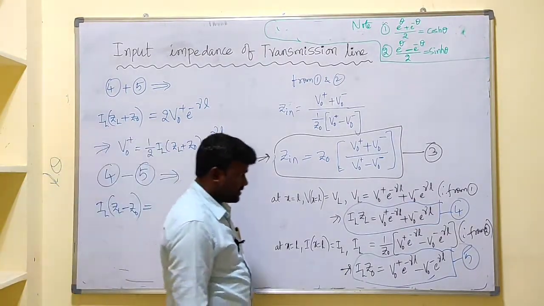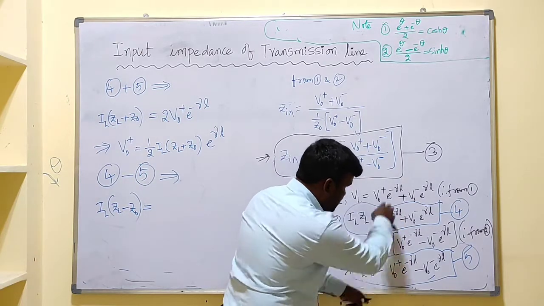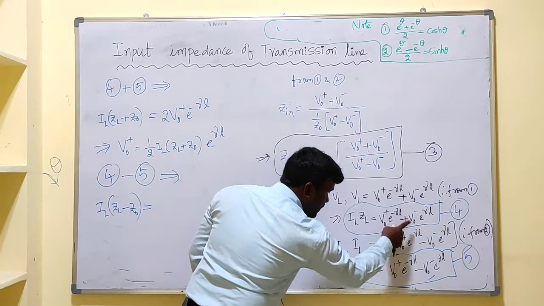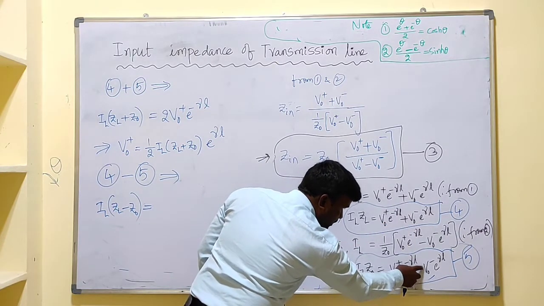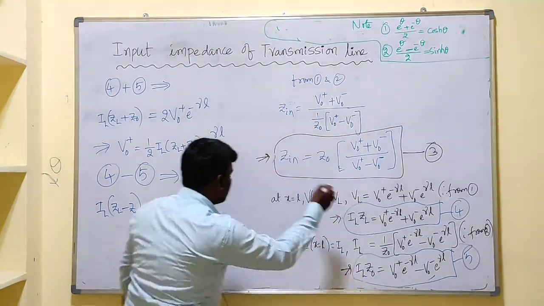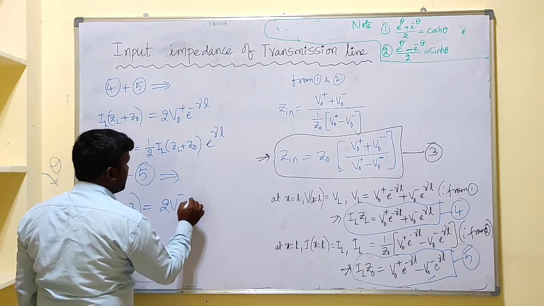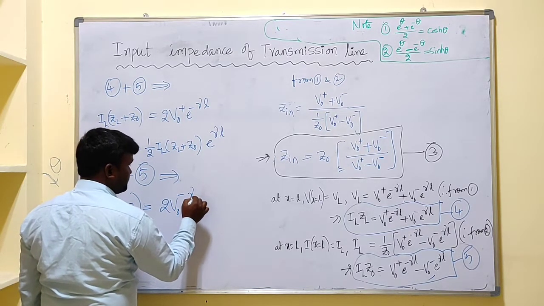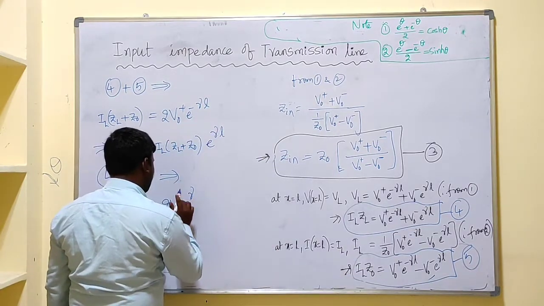Subtraction means these two are equal, so this minus this one cancelled out, and this one minus this one. Already here we have minus. Minus of minus becomes plus. So finally we got 2 into V0 minus e to the power gamma L.